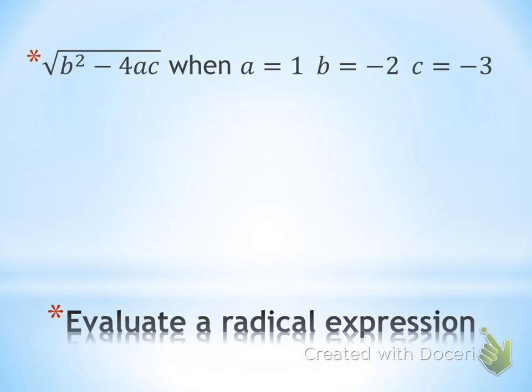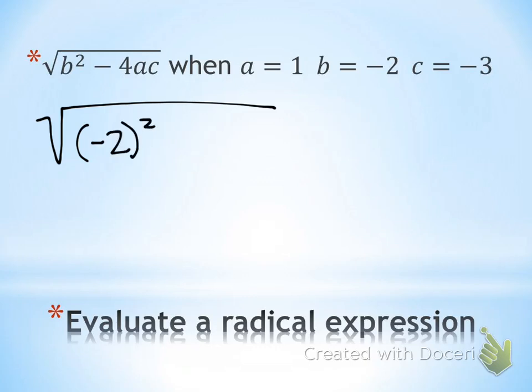So I'm going to go ahead and plug in all of my values. I'm going to write the square root sign. I know that b squared is negative 2 squared minus 4 times a is 1 and c is negative 3.